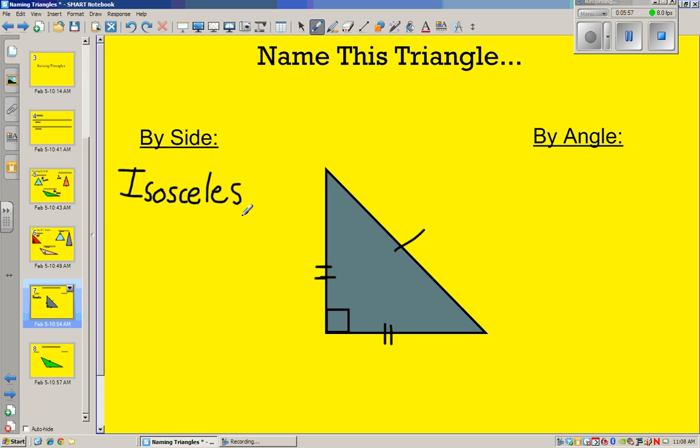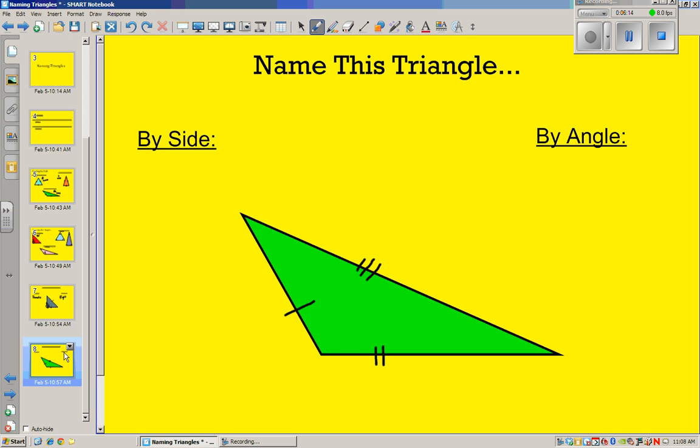If you name it by its angles, it has to be a right triangle because it has one right angle. Let's try another one. So pause the video and name this one by its sides and by its angles.